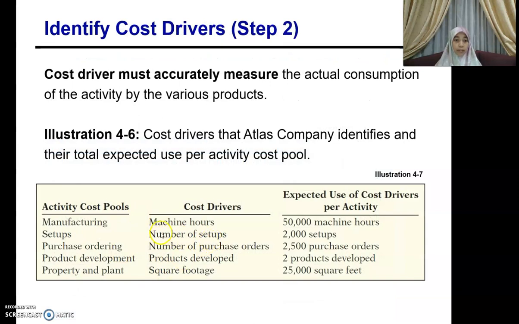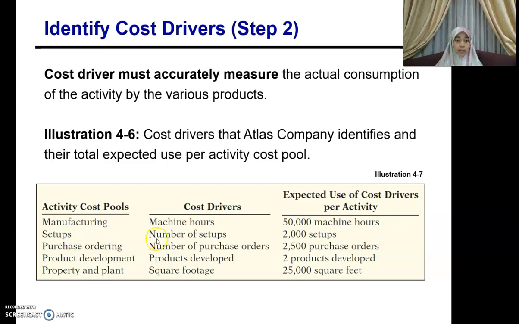And then out of that, we have identified that the cost driver for the manufacturing activity is machine hours. And then you identify how much is the expected use of that cost driver. So the cost driver for manufacturing is machine hours, and there are altogether 50,000 machine hours. Okay, and then what about the setups?